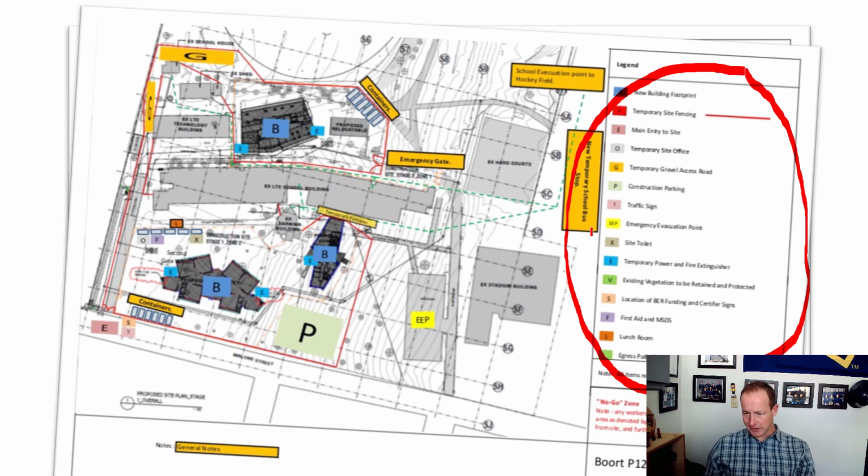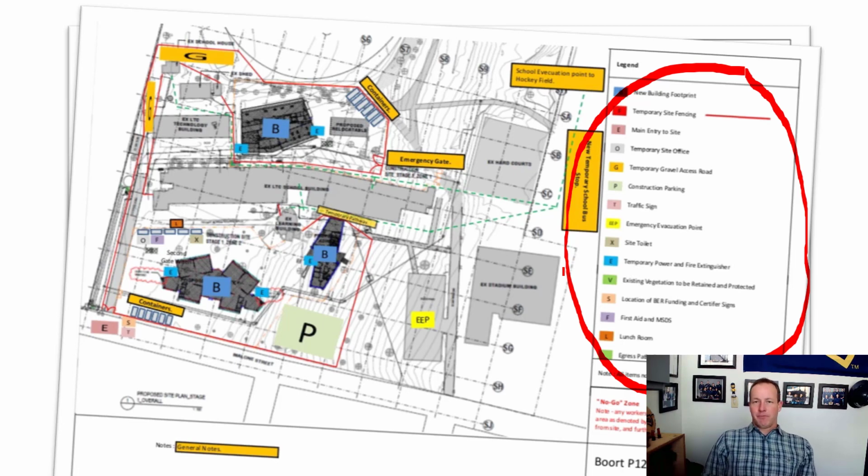Let's go over here and find an EEP, emergency evacuation point. You can read it, but it just takes a long time and it's not very clear. And then as you're going through here, you're like, oh yeah, well, what does B mean? Well, let's go back over here and check. And by that time, you've lost the context of the drawing.